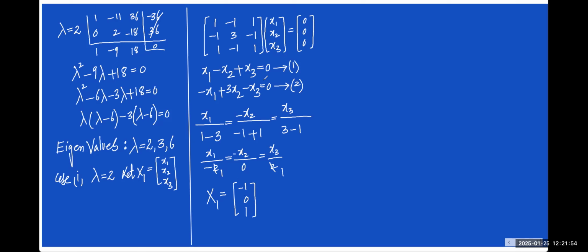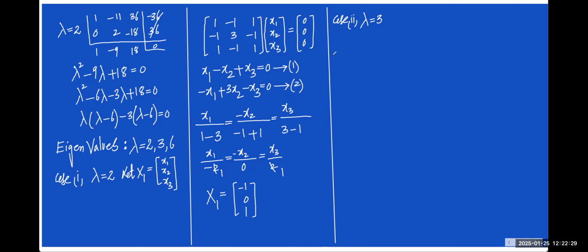Okay. Now moving to the next, to find out the second eigenvector. Case number 2. When lambda is equal to 3. If you simplify, I think we are not getting sufficient time to do it. Let us do it.